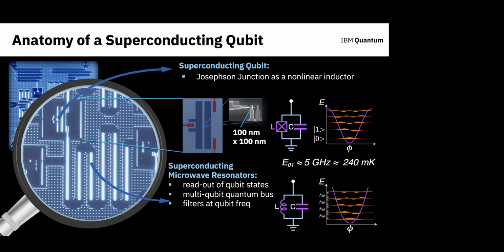How do we know whether a superconducting material is a good candidate to make a qubit? That's a great question. One thing is we can look at the quality factor of the resonant structures that we make.